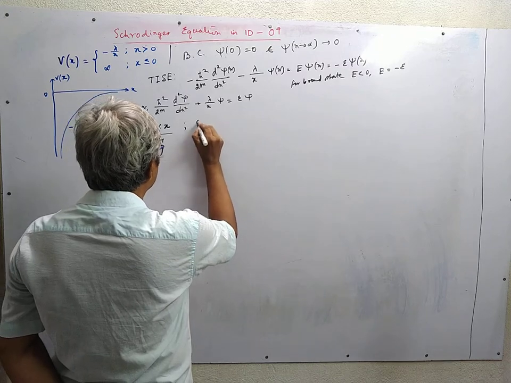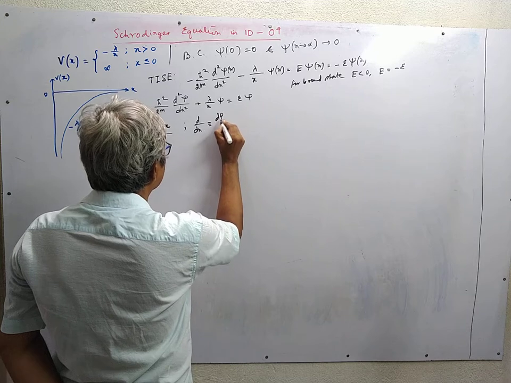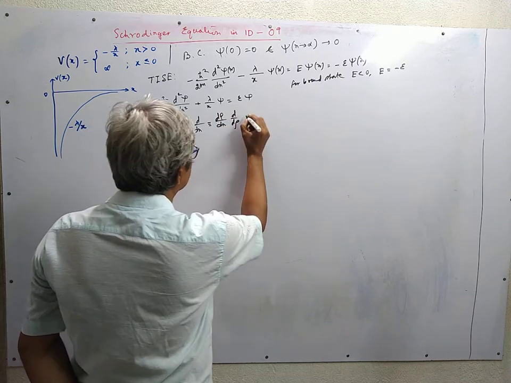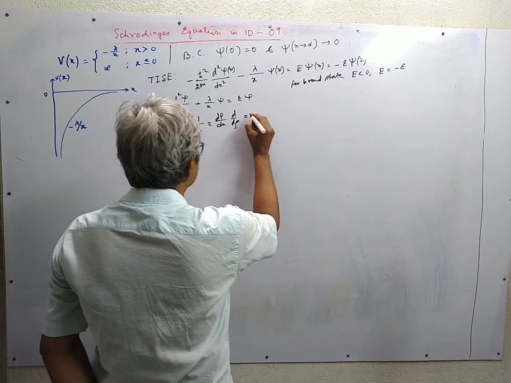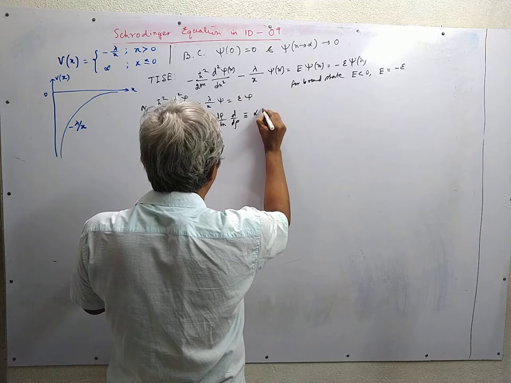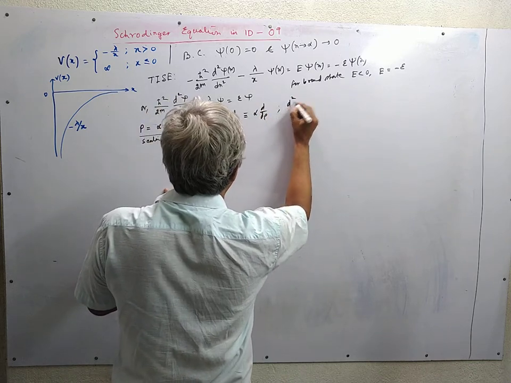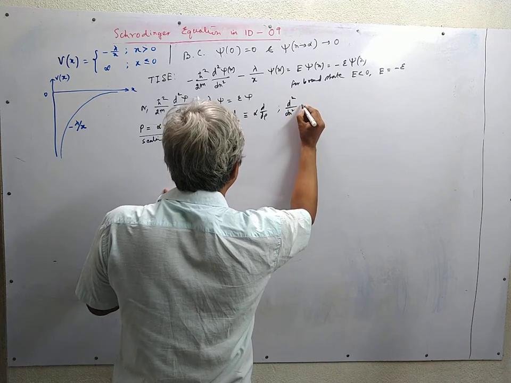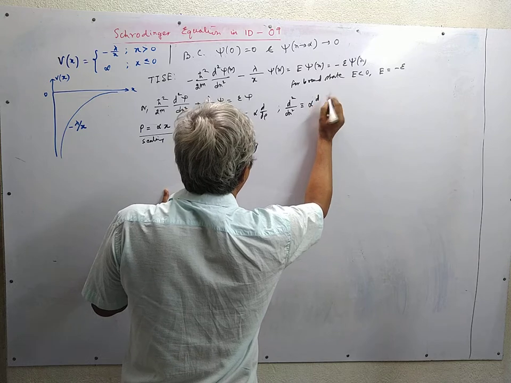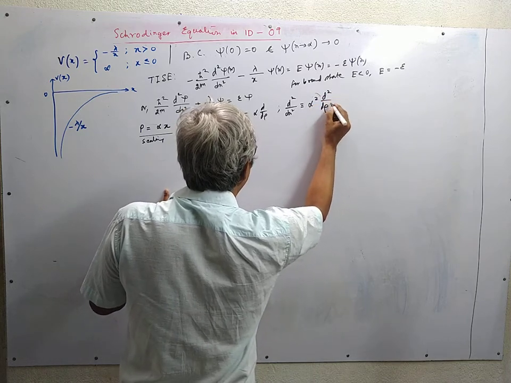So the derivative d dx now becomes d rho dx d d rho, which in the one dimensional case is alpha d d rho. Similarly, we will have d2 dx2 is equal to alpha square d2 d rho 2.